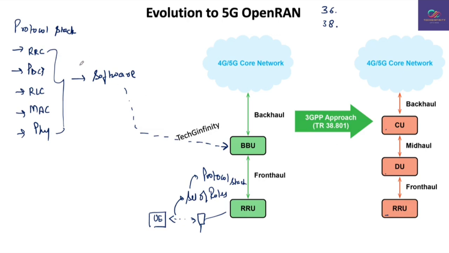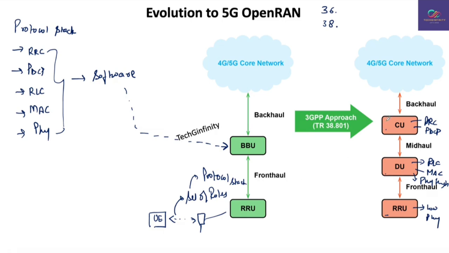With that we have RRC and PDCP coming inside your CU, and RLC and MAC coming over here, and PHY has also been disaggregated into two parts: high PHY and low PHY. High PHY remains here and low PHY remains here. So this is the evolution of 5G Open RAN, or you can say 5G, as introduced from the 3GPP specification point of view.